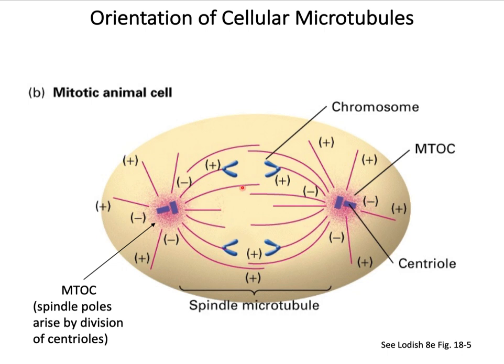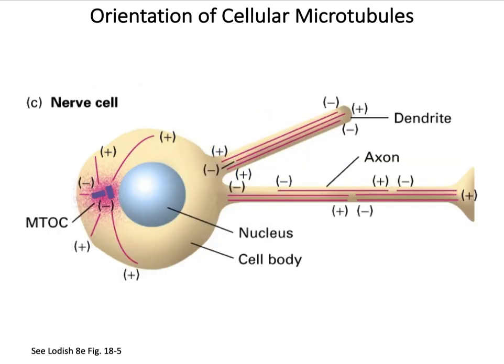The centrioles can divide, and then you can get two microtubule organizing centers in the mitotic animal cell. And again, the minus ends of the microtubules are interacting with the organizing center. The plus ends are the farthest away from the microtubule organizing center, and the role of these microtubules is to segregate the chromosomes during the cell division.